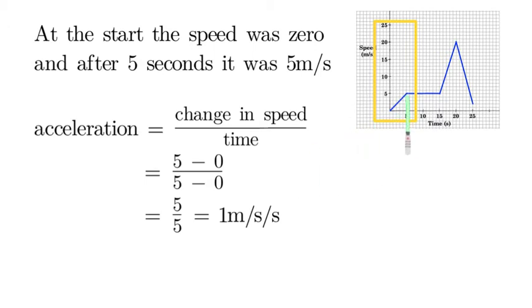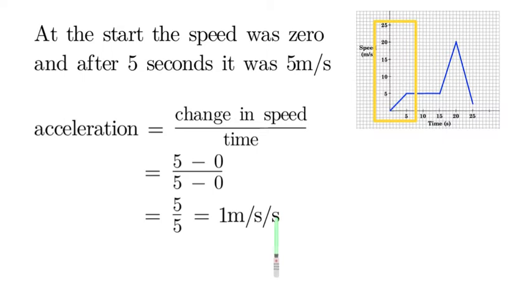It started off at 0, my speed became 5, and my time was 5 seconds. So we've got a change in speed of 5 over a time of 5. So we have 1 metre per second per second.